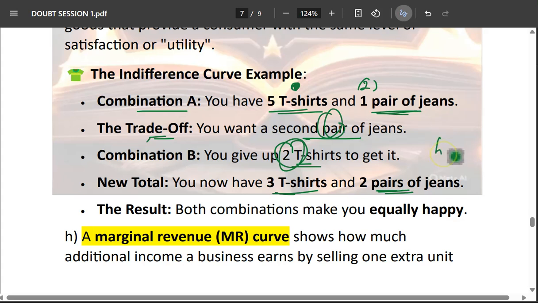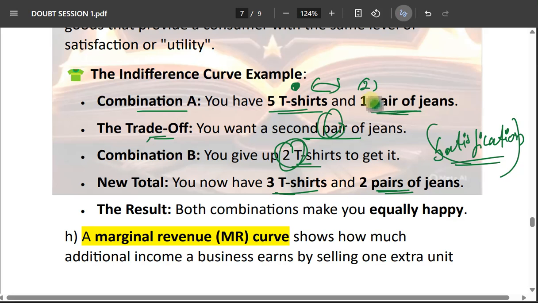So your happiness or satisfaction is the same. There is no difference. That is why it is called indifference. The things are changing, just replaced by things with the same satisfaction level.